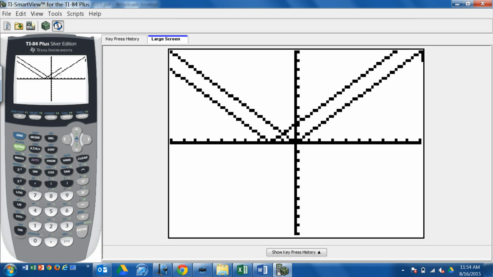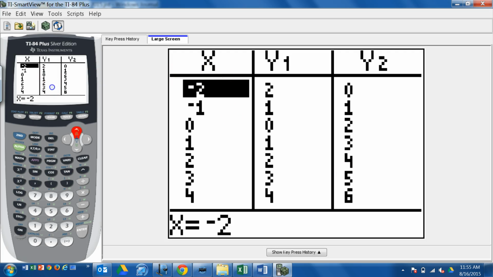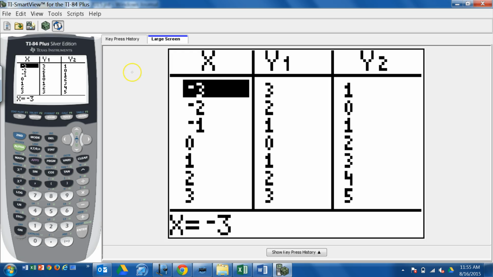Plus 2. Notice how the shape itself is the same, but the vertex has now shifted over 2 spots. And you can look at the table. The second graph will show you that if I look at y2, notice how when x is negative 2, y2 is 0.